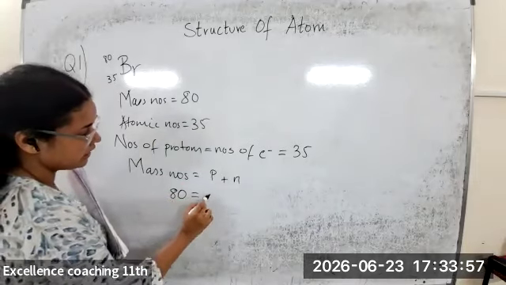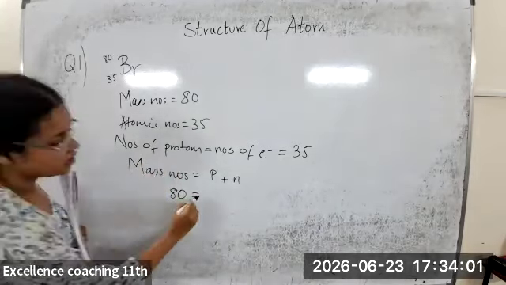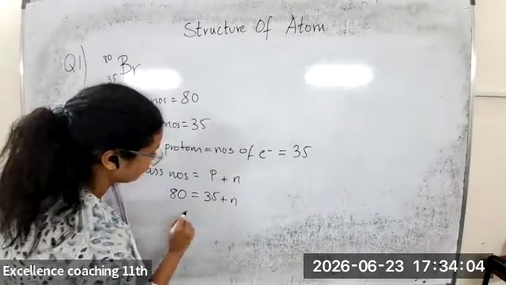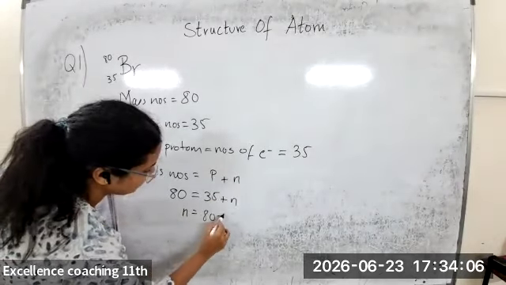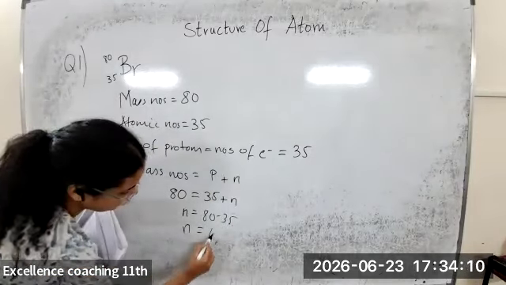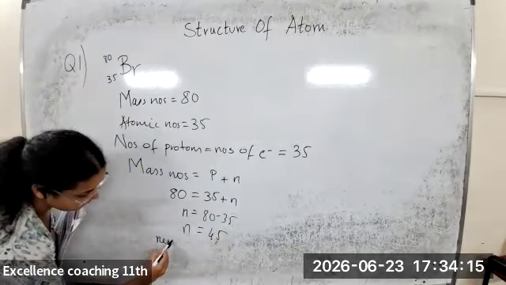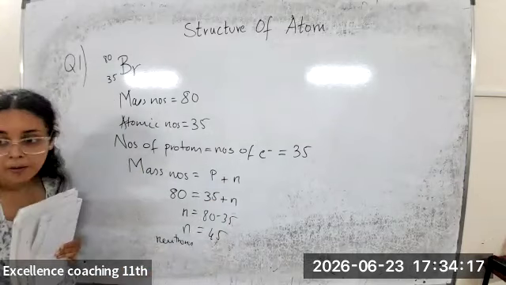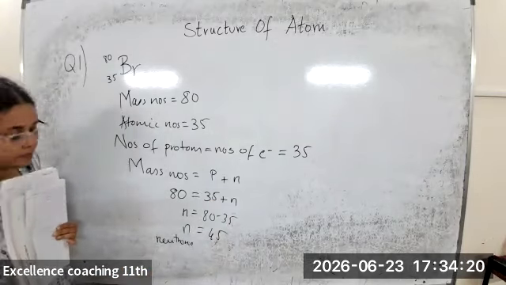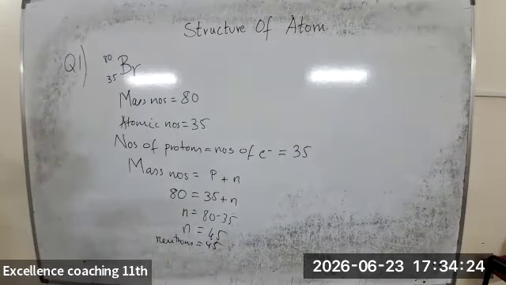The mass number given is 80, and the protons we calculated from the atomic number, 35, plus n. So neutrons will be 80 minus 35, which is 45. Any doubts? Understood?